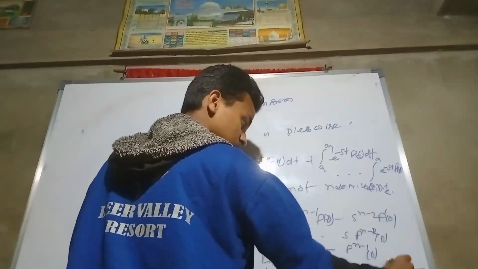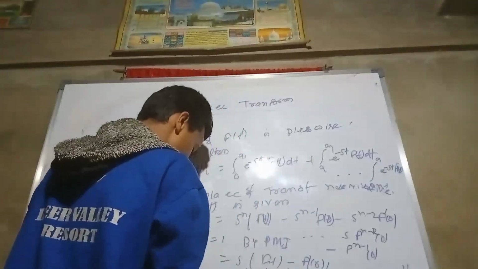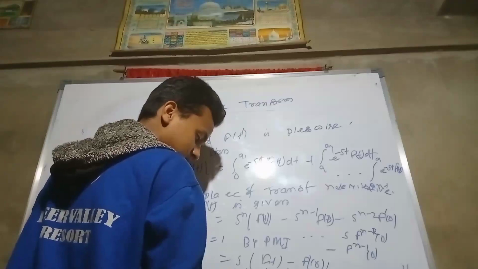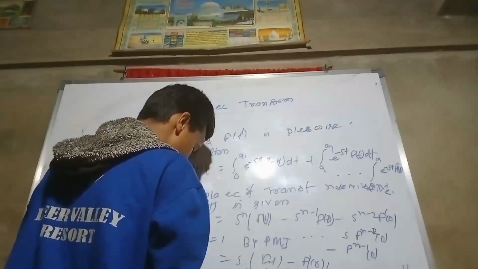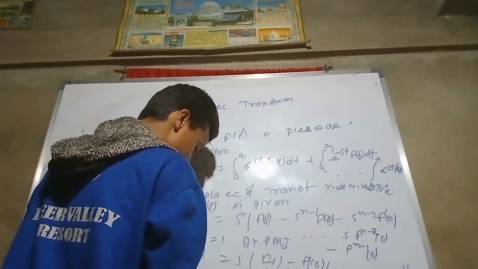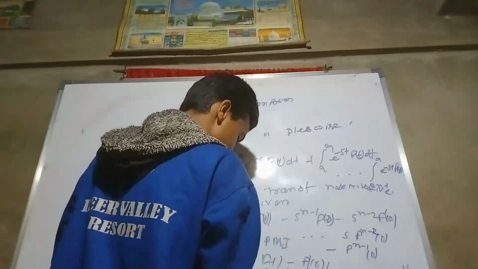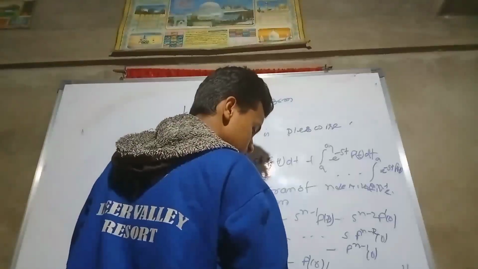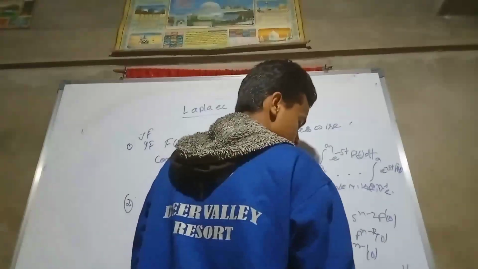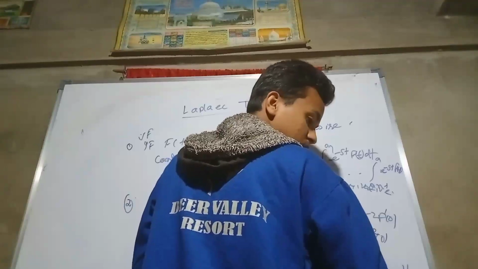So now assume it is true for n equal to k. Then the Laplace transform of f^(k)(t) equals s^k F(s) minus s^(k-1) f(0) minus s^(k-2) f'(0), and so on, minus f^(k-1)(0).